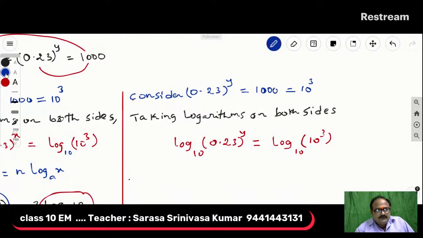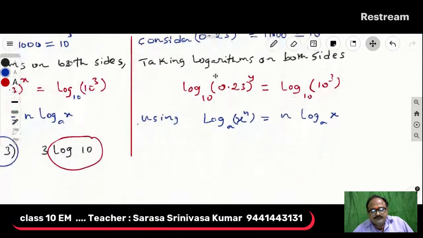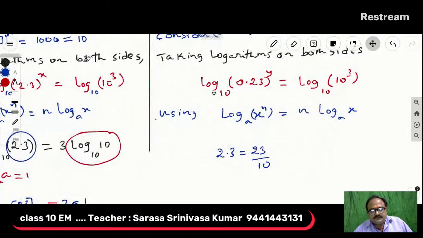Now, using the formula log x to the power of n to the base a equal to n log x base a, let us observe the left hand side part.